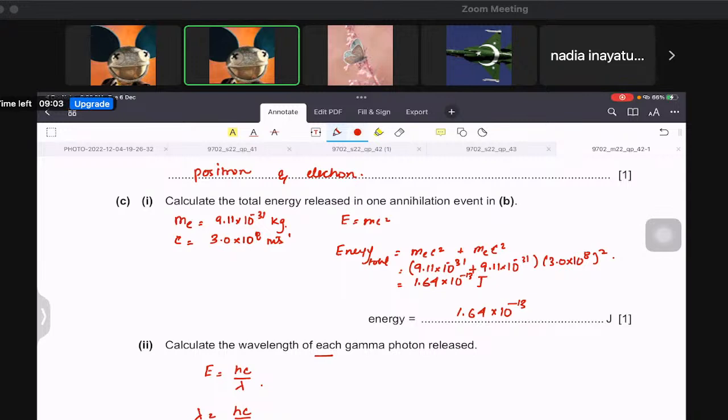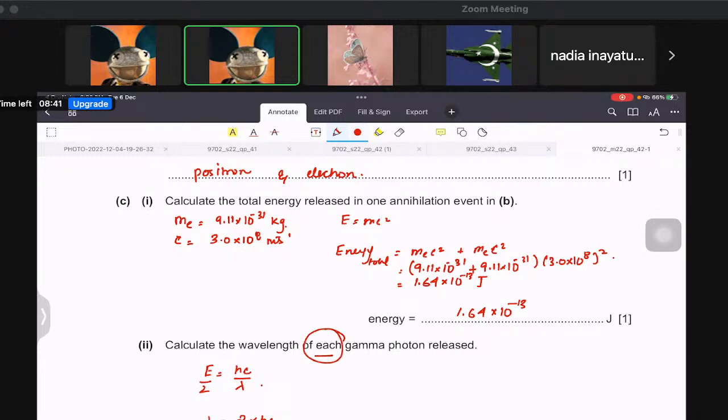So we are going to do this whole thing divided by 2. If we do that, then lambda equals 2 times hc over E, because 2 photons are released, it just says each, that's why we're doing this.